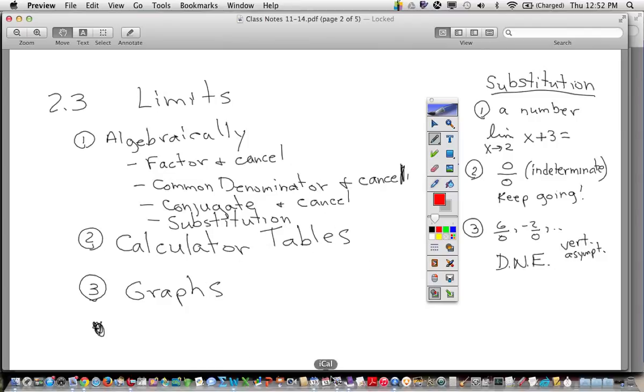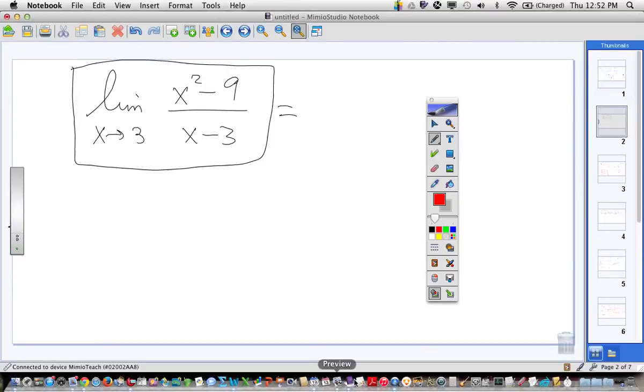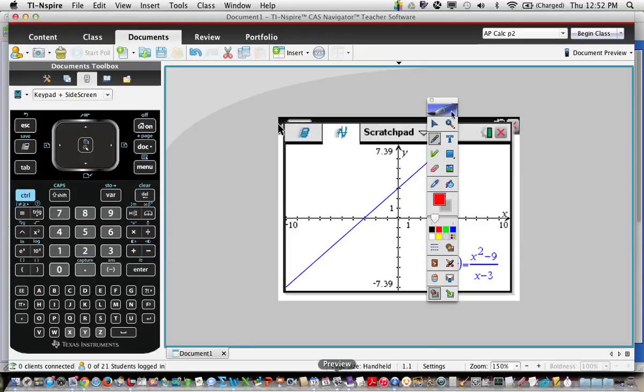So on the calculator, we've got this problem right here. What I would like to do with this one is go ahead and graph this function. I did put up this graph yesterday, I just kind of drew it by hand. Let's go into your calculators and graph x squared minus 9 over x minus 3.